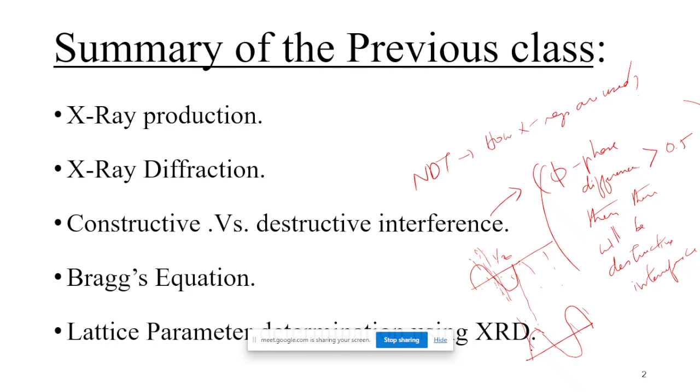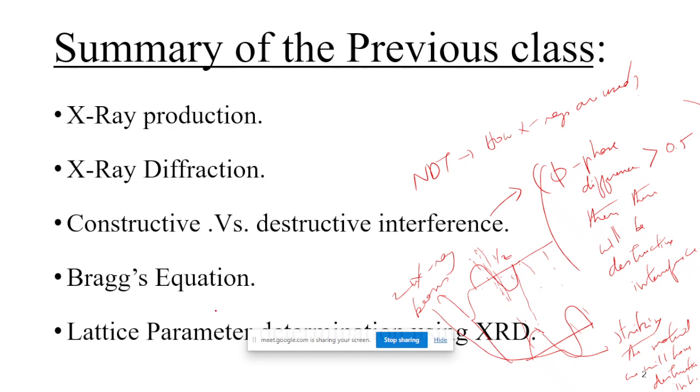If this sort of difference happens between the two X-ray beams striking the material, we will have destructive interference. So this is clear, right? The phase difference should be greater than 0.5, that is greater than half. So this is the constructive versus destructive equation.